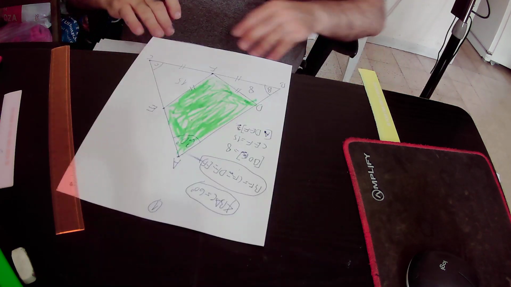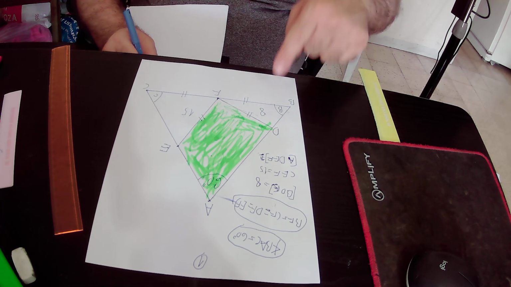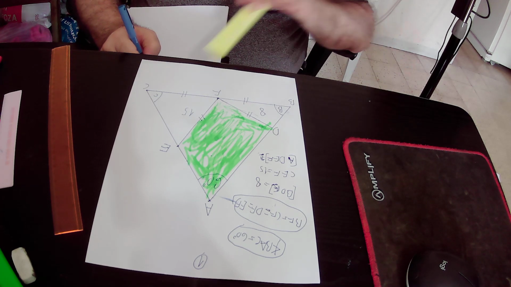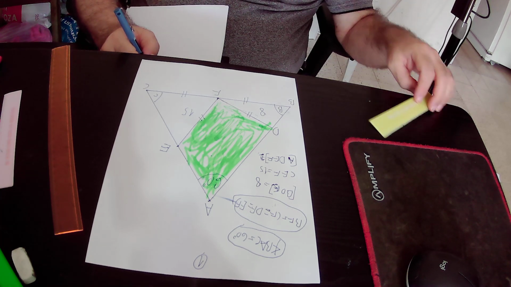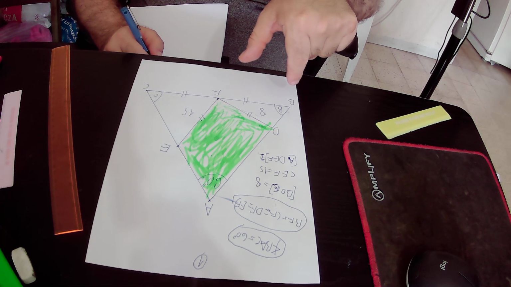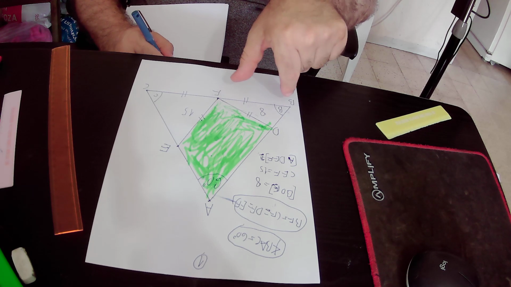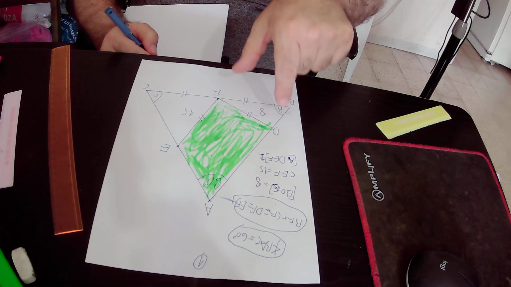So actually, in triangle BDF, this triangle, we know that side BF of triangle BDF, this side, is equal to side DF of triangle BDF.